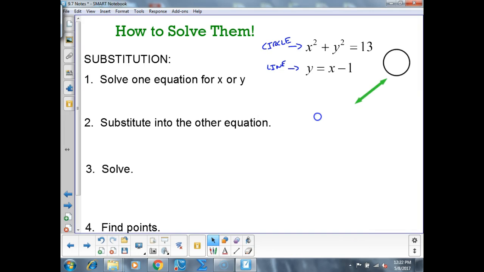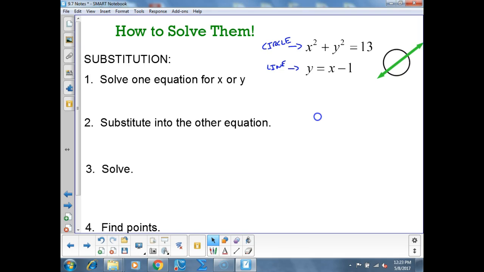Oops, I should make it a little longer. So I got a circle and a line. How many different ways can they intersect? None, 1, or 2. So at most, I can have 2 points that I'm looking for. But I could also just have 1 point, and I could have no points. So mentally you gotta prep yourself for that. I'm looking for up to 2 points in this particular problem.